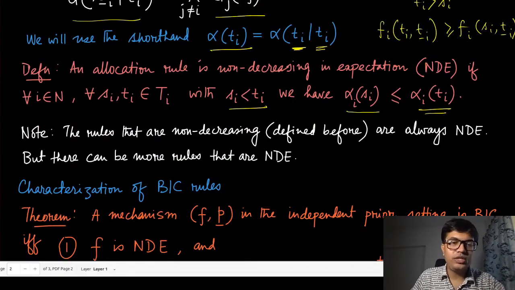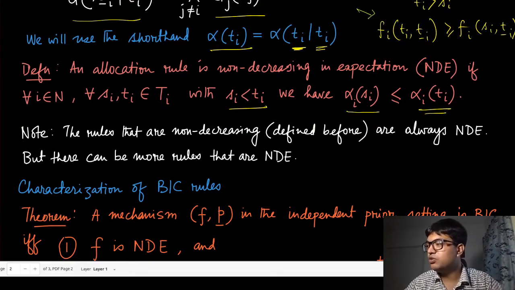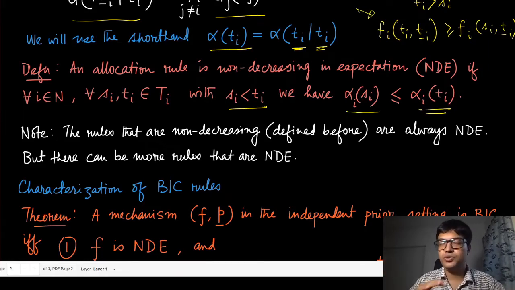We will note that all the rules that are non-decreasing that we have defined in the previous case, so all the characterization results that we did and all the examples that we have given earlier, which were non-decreasing, are always non-decreasing in expectation, because they are non-decreasing for every T minus i. Of course, if you take expectation, they are also going to follow non-decreasingness in expectation.